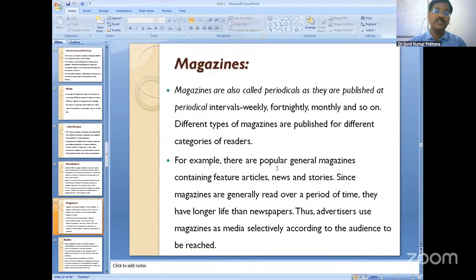Coming to magazines, magazines are also called periodicals as they are published at periodical intervals like weekly, fortnightly, monthly, and so on. Different types of magazines are published for different categories of readers. Generally, what are those categories of readers?